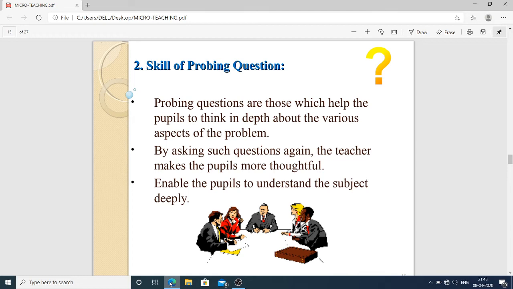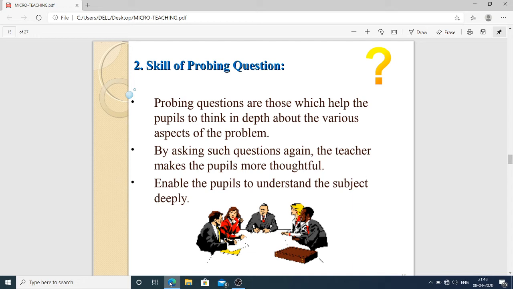Probing questions are those which help the pupils to think in depth about the various aspects of the problem. For example, you are going to give the micro teaching on the topic of pain. When you would like to start the class, at that time you can ask the students, Dear students, according to you, is pain our friend or our enemy?